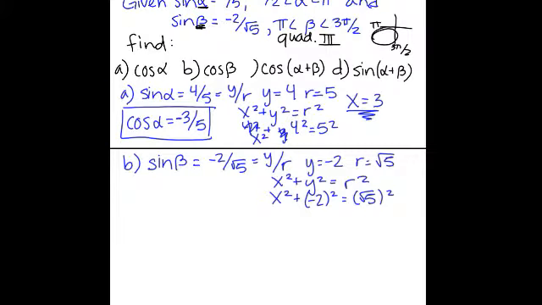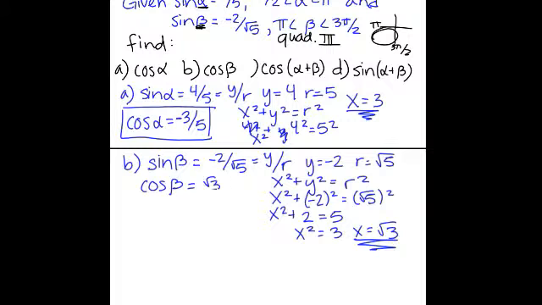So I know that this will be, let's see, x squared plus 2 will equal 5. So I'll subtract 2, so x squared will have to equal 3, which means that x is rad 3. So I know that x is rad 3, so then my cosine of beta will be rad 3 over rad 5.